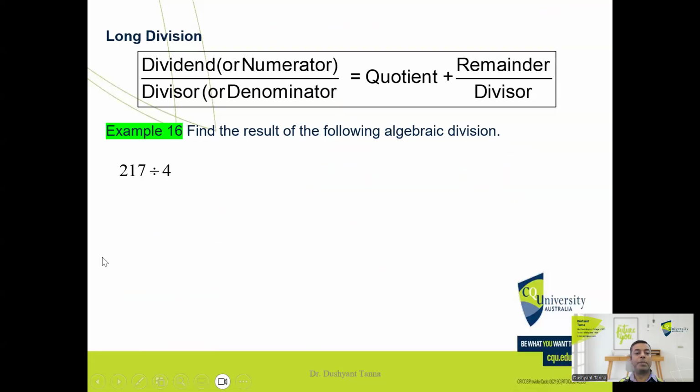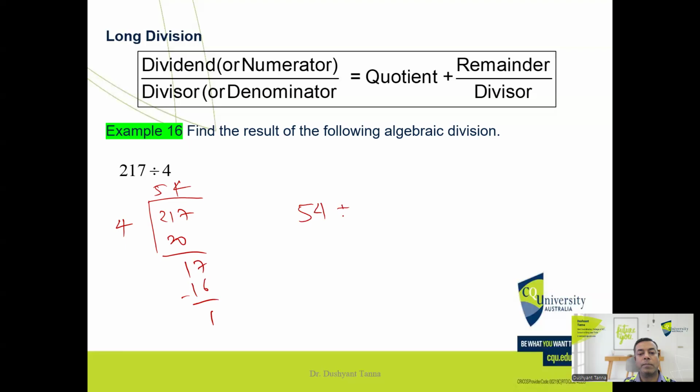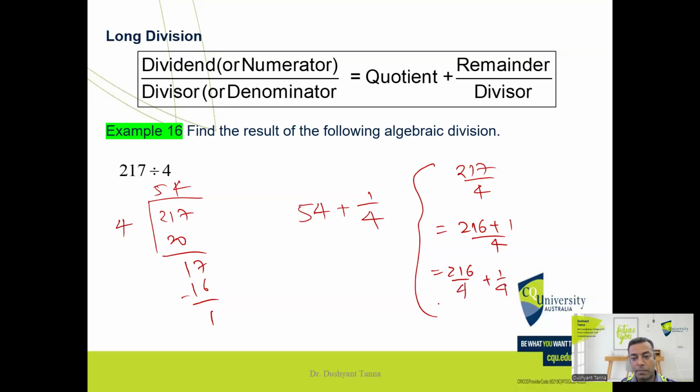One more. Yeah, we perform the same division.